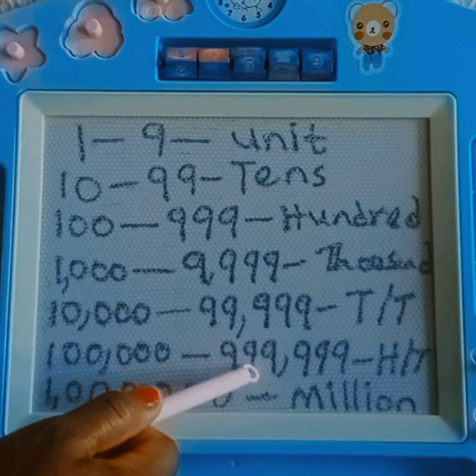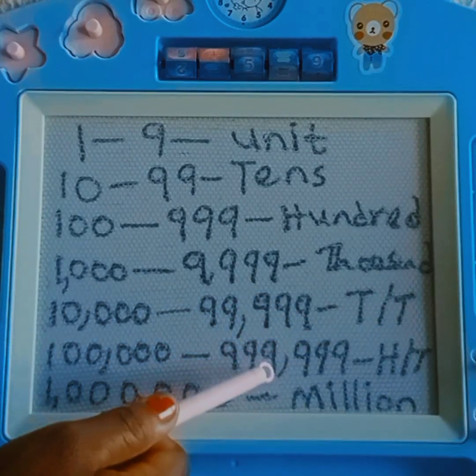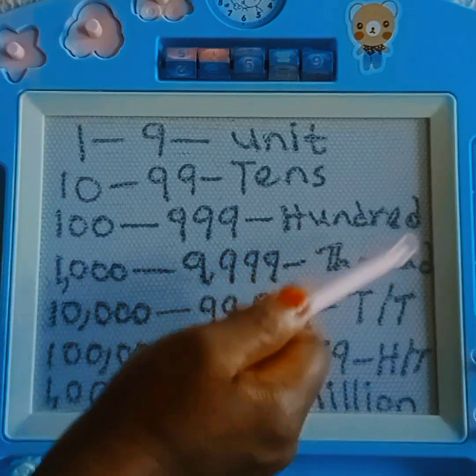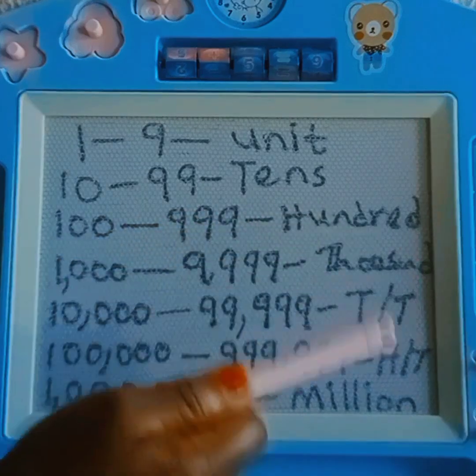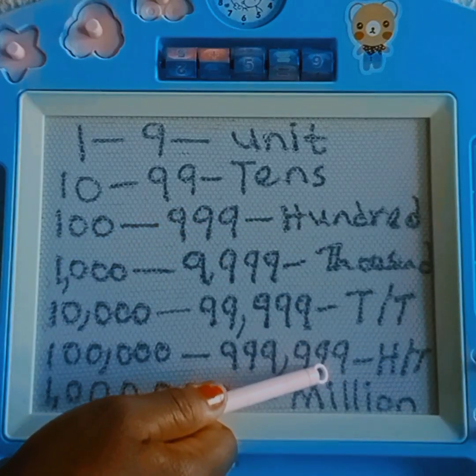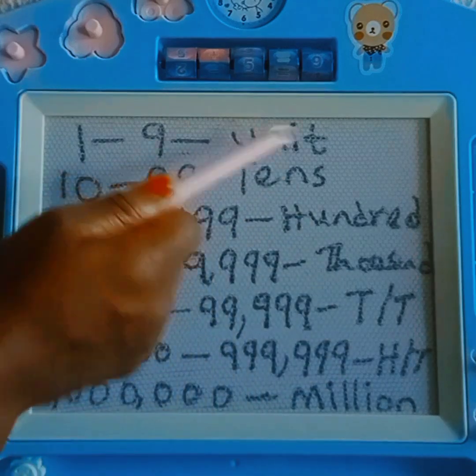Then the place value of the second digit becomes tens of thousands. The place value of the third digit becomes thousands. The place value of this becomes hundreds. The place value of this is tens. And the place value of the last one is units.